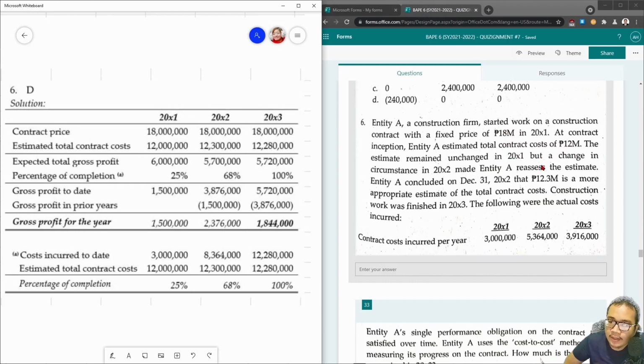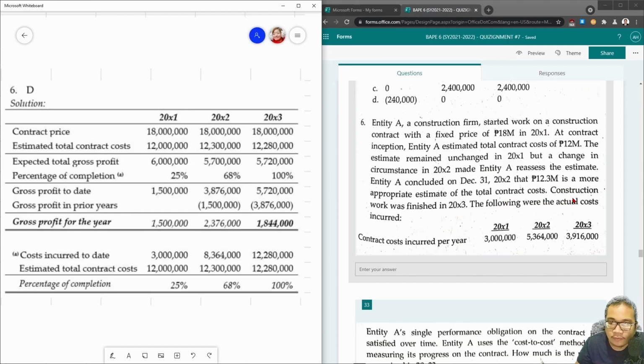The estimate remained in 20X1, pero nagkaroon ng change in circumstance in 20X2 made Entity A reassess the estimate. So, Entity A concluded on December 31, 20X2 that 12.3 million instead of the original 12 million is a more appropriate estimate of the total contract cost.